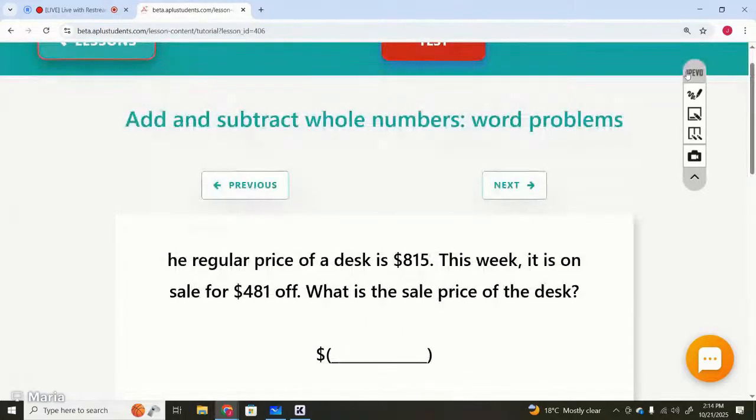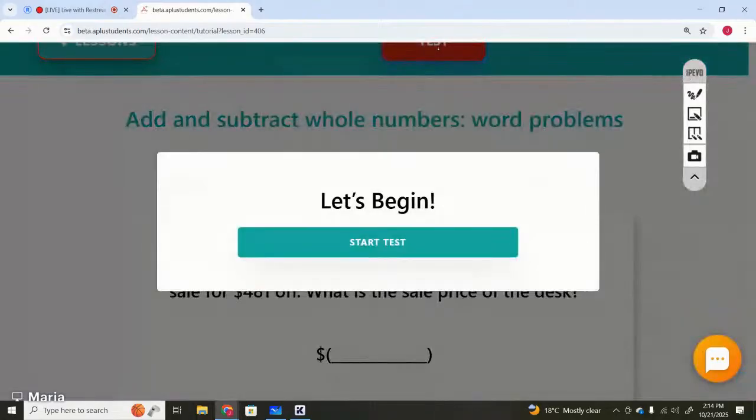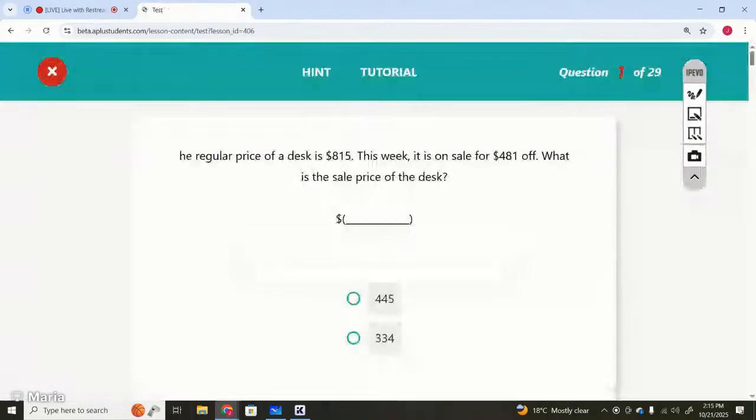Let's just start with the test question. The regular price of a desk is $815.